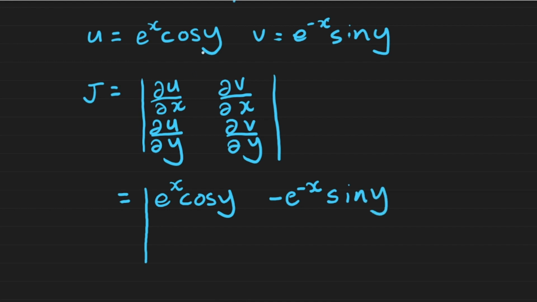And then ∂u/∂y, this is just the derivative of cos y, so that's going to be minus e to the power x sine y. And then lastly, ∂v/∂y, so the derivative of sine is cos, so we're left with e to the power minus x cos y.